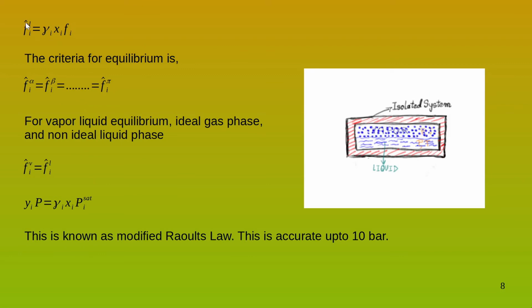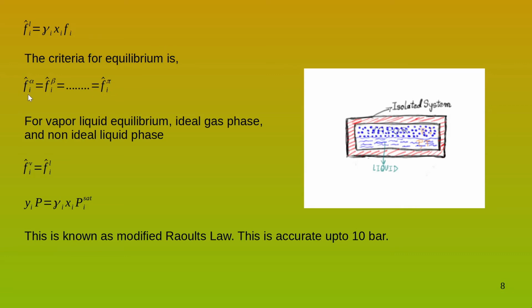Now, therefore, we get Fi hat L, if it's a vapor liquid equilibrium, as gamma i Xi Fi. Now, the criteria for equilibrium, if we have phases alpha, beta to pi, is Fi hat alpha is equal to Fi hat beta is equal to Fi hat pi.